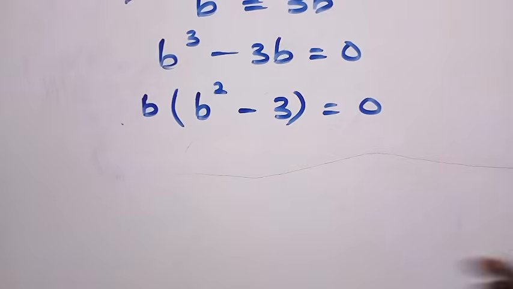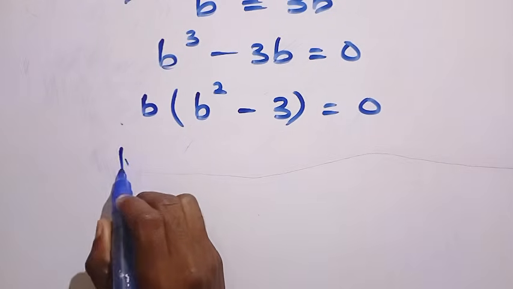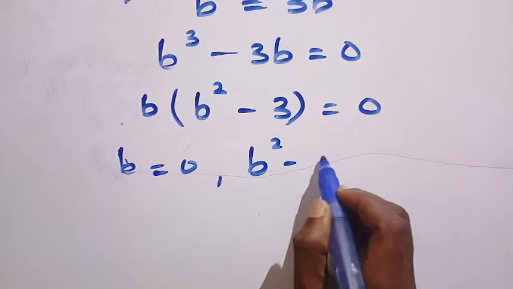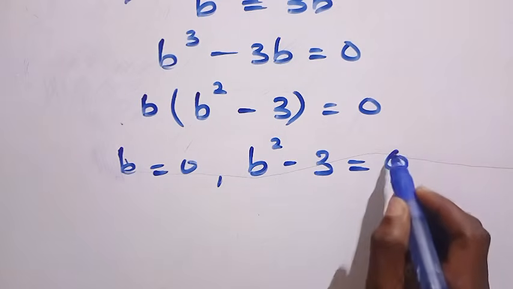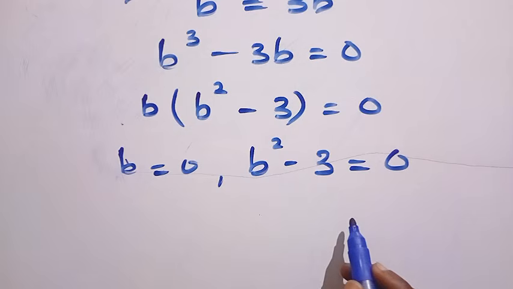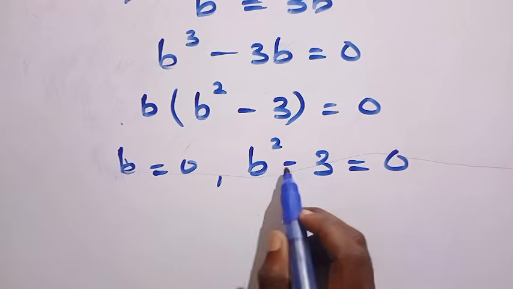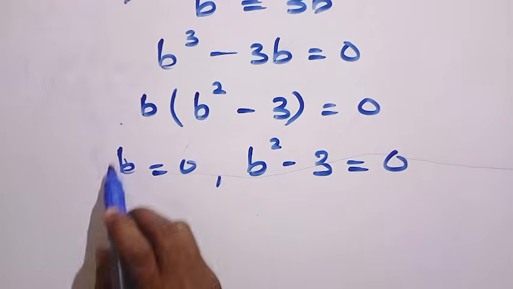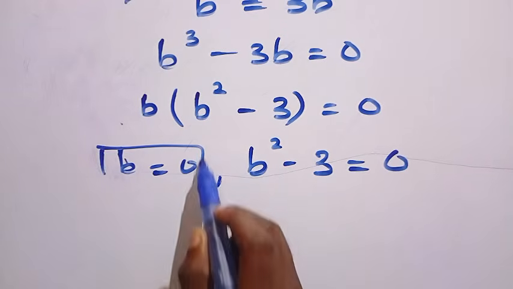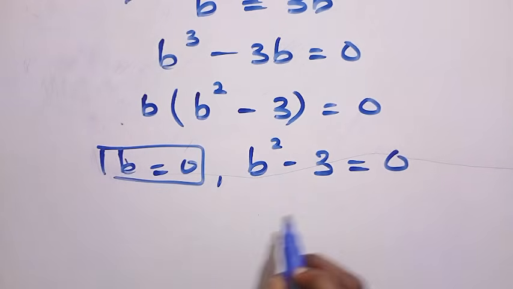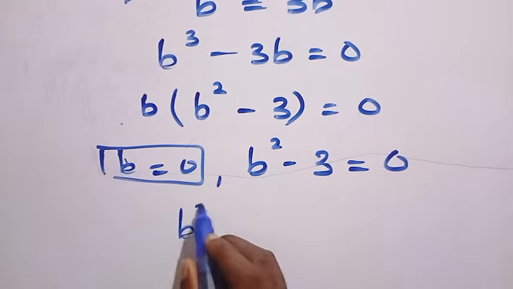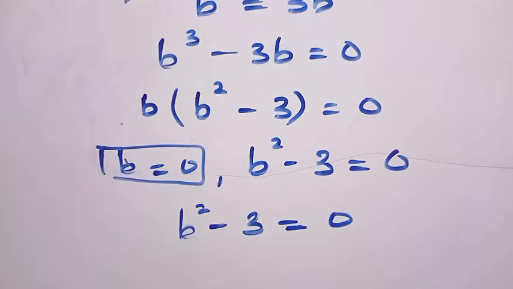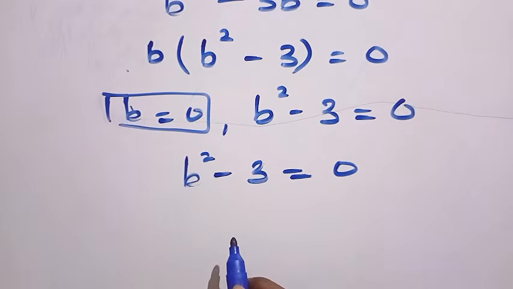Then we have b equals 0, or we have b squared minus 3 equals 0. We have to solve for this to get the 2 solutions. For this side, one of the solutions is b equals 0, and also we have b squared minus 3 equals 0. How can we get the 2 solutions here?